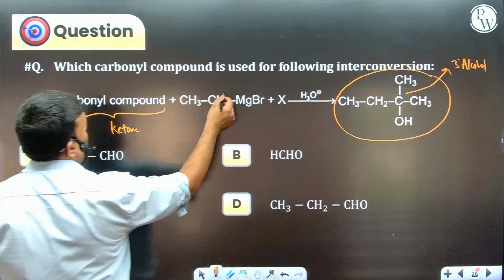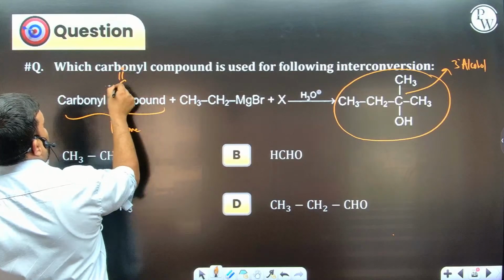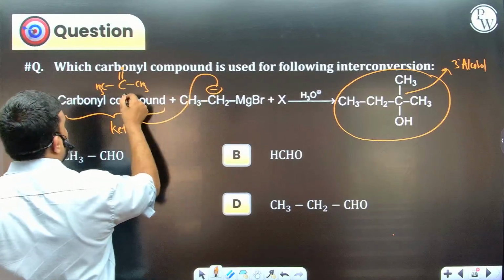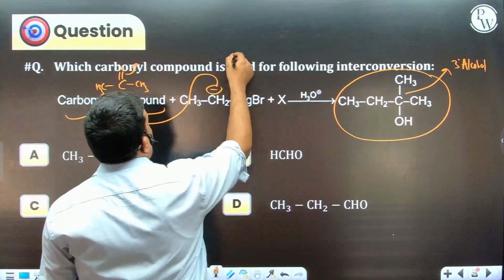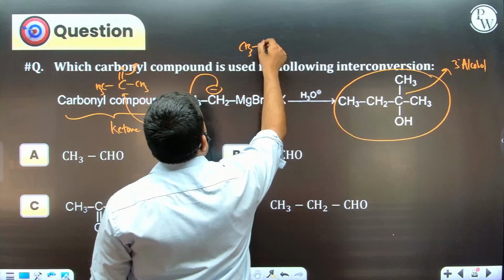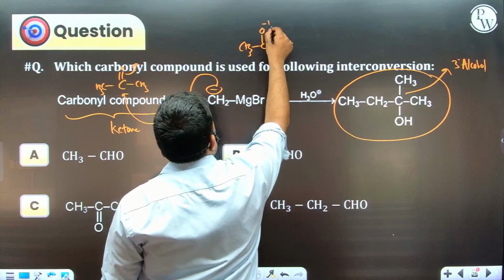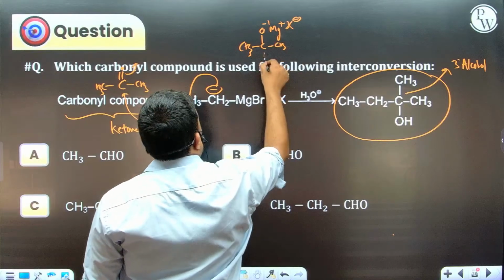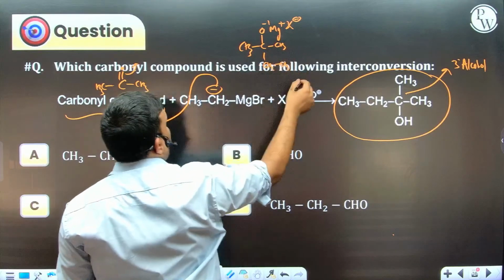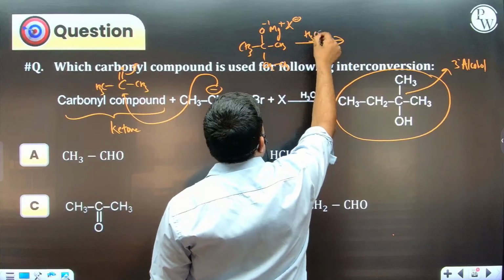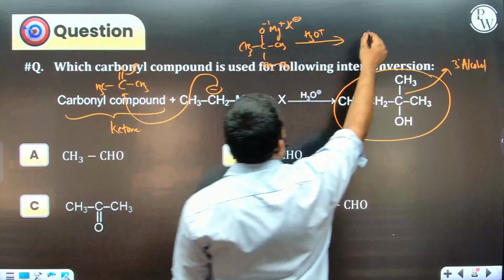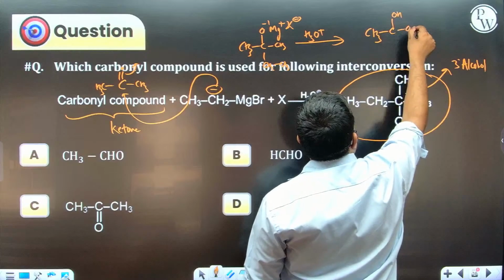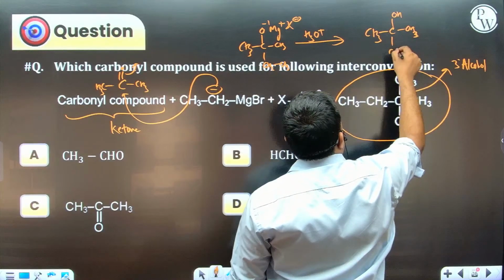Let us see, this ketone can be acetone. CH2- is attacking over here, it shifts, and we get CH3CH3O-Mg+2X- with CH3CH2 attached. After this we have acidic hydrolysis, as they have told over here, which will provide the H+, and we get CH3COH(CH3)CH2CH3.